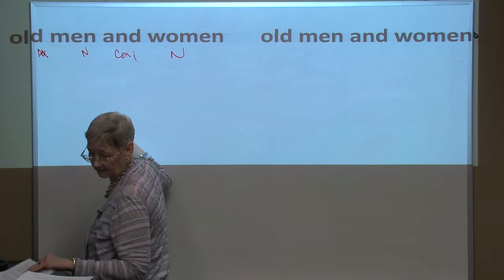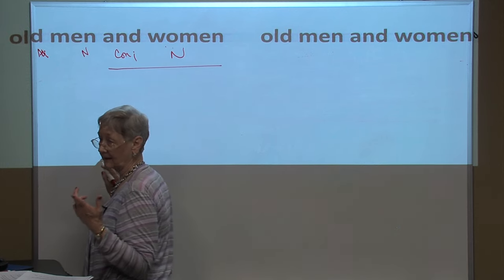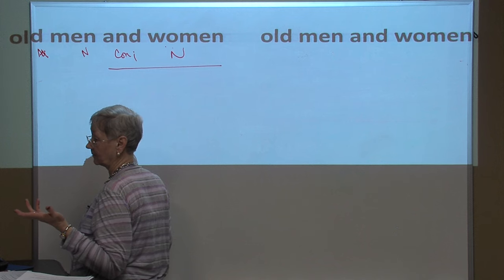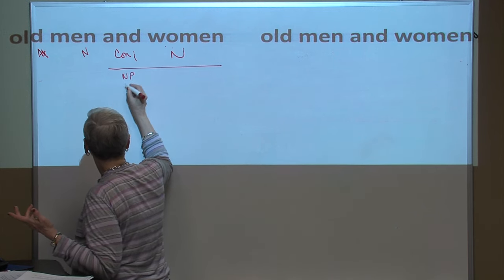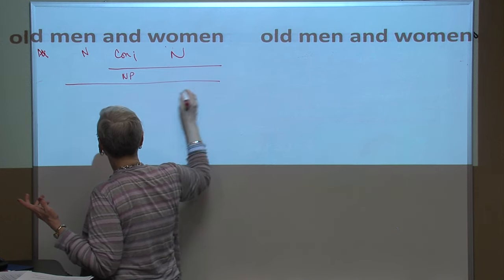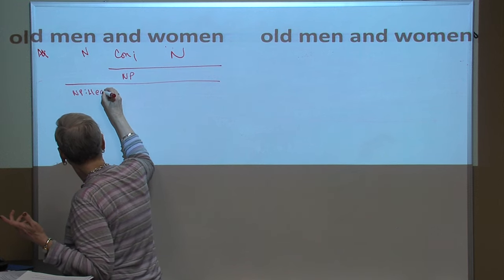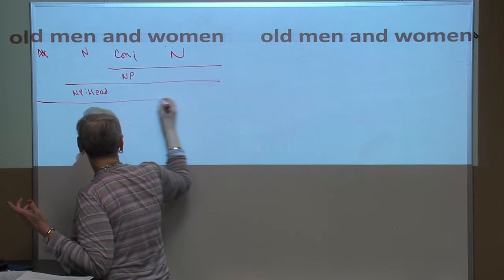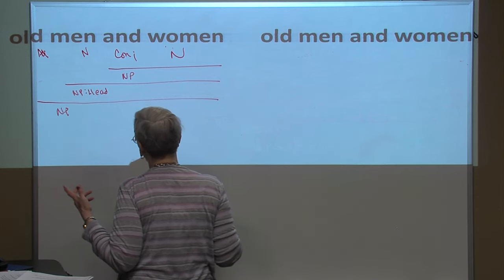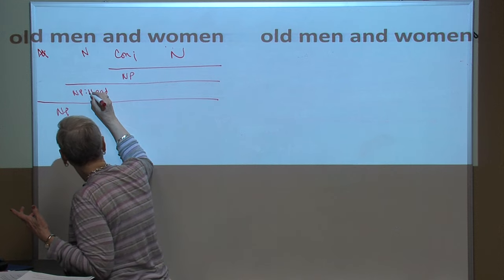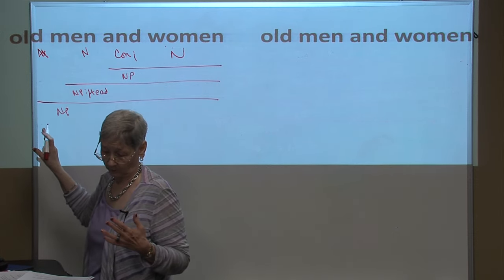In this case, the conjunction patterns with the lexical unit or the phrase that follows it. And so this is a noun phrase. And then men and women would be a noun phrase functioning as the head of the larger noun phrase, old men and women. So this has to do with the ambiguous scope of the adjective old.